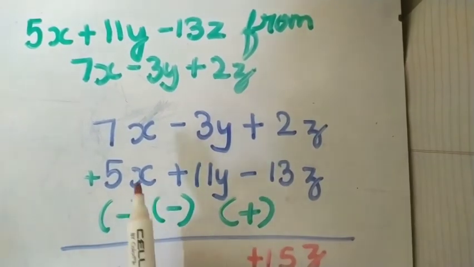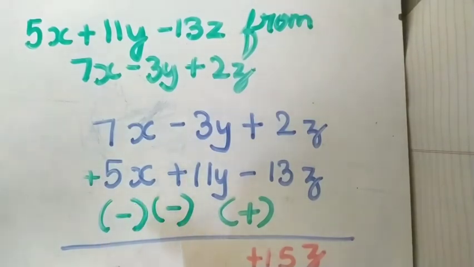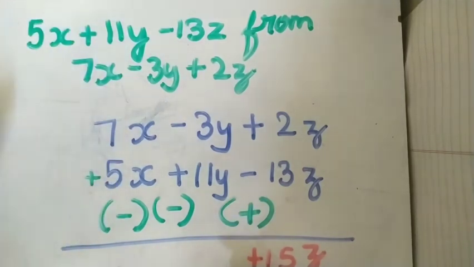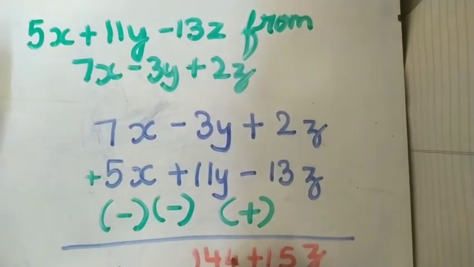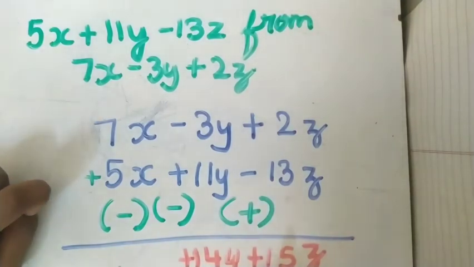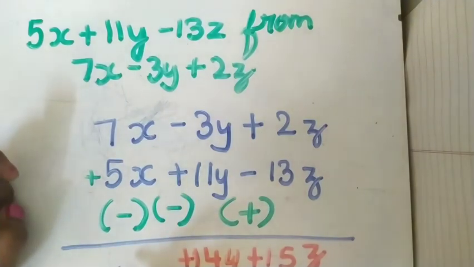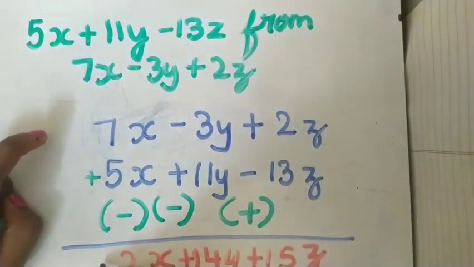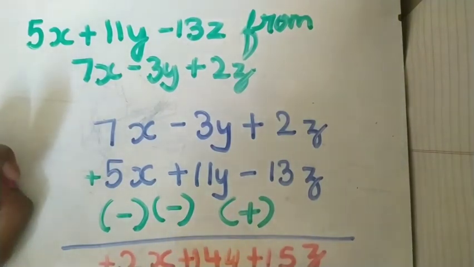Yes, and now the next, minus into minus is plus, and you need to add it, so that is 11 plus 3 is 14y and the symbol is plus. And now plus into minus is minus, you need to subtract it, that is 7 minus 5 is 2x and the symbol will be plus because 7 is greater. So the answer is 2x plus 14y plus 15z.